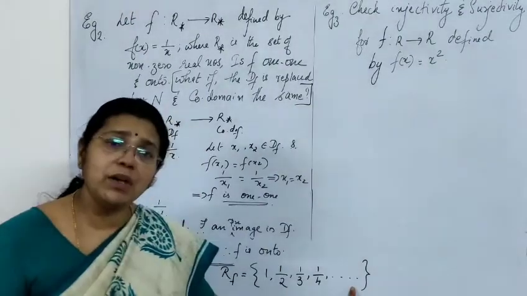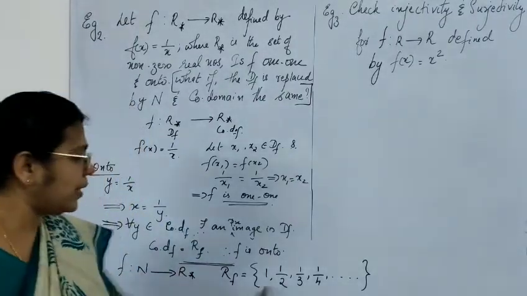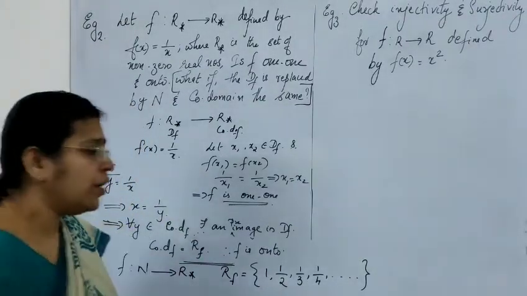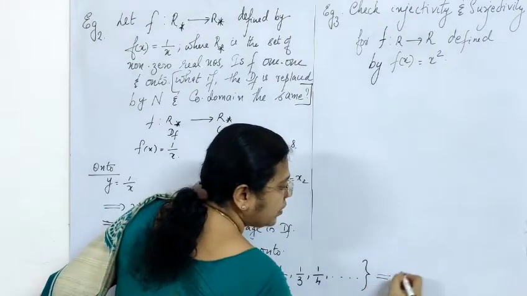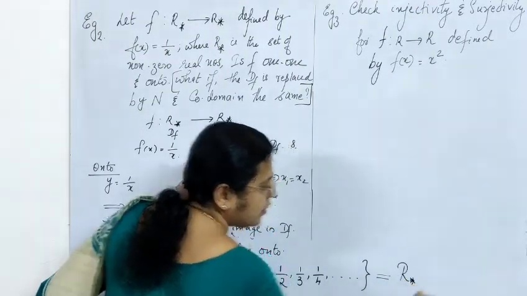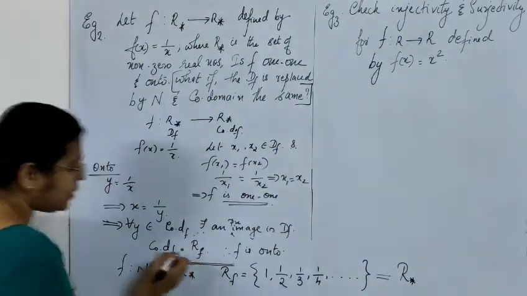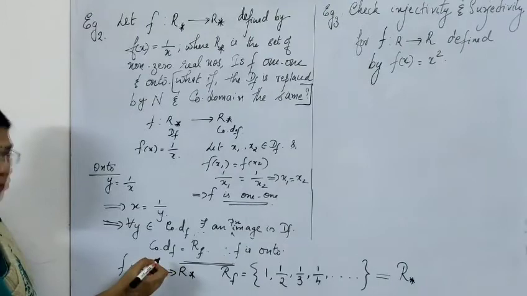Only elements that belong to the range are these, right? So I can say that this is the range of the function, which is not equal to the codomain, that is R star. This is not equal to R star. So only if the range is equal to the codomain of the function.